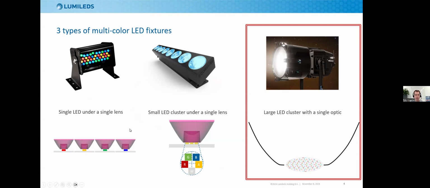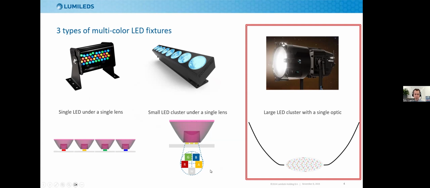So for this application, somewhat 10 years ago, we have developed the Luxion C, which you can use very well in such a fixture. To give you an impression of dimensions, the LEDs are 2 millimeters across, and the lens could, for example, be 10 millimeters or 50.